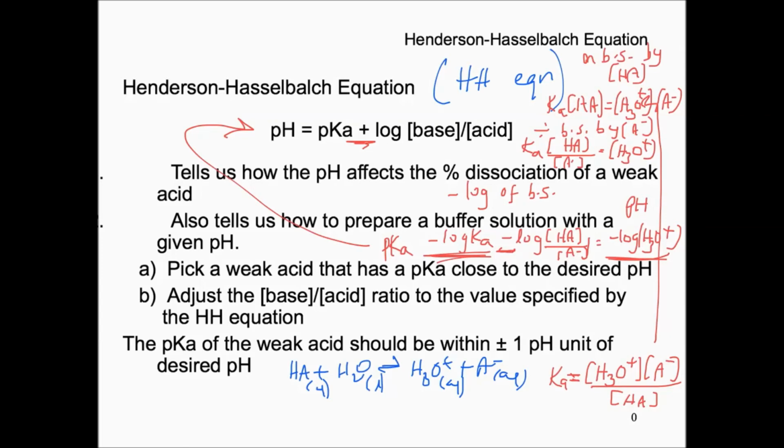Now if you make sure that the x is small and the approximation holds true, then you can consider that the equilibrium concentrations of the acid and the conjugate base are going to be identical to the initial concentrations.